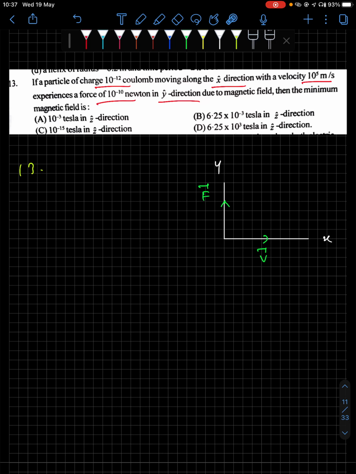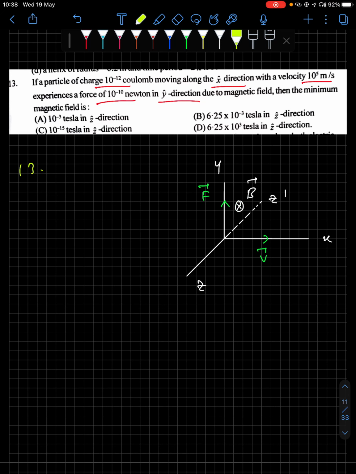So the field is inwards. This is z prime, this is z, and the field will be inwards, therefore putting a cross for the magnetic field.